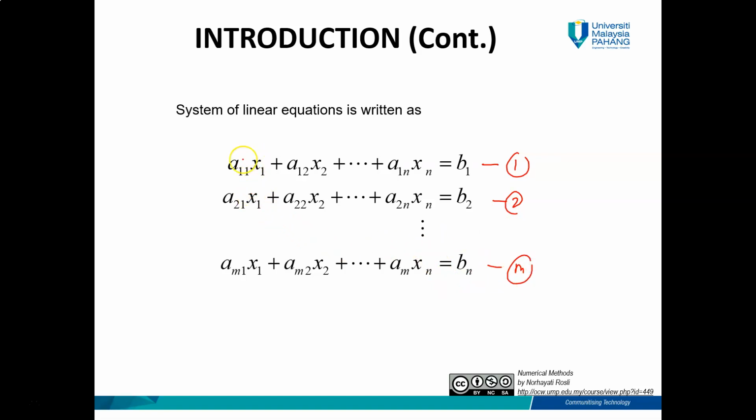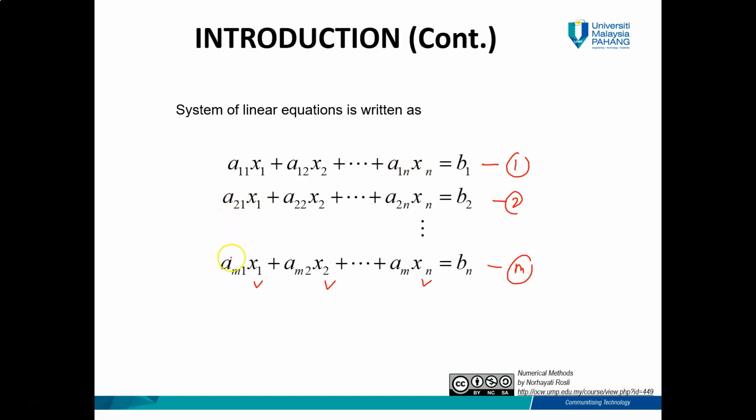And for all equations here, they share the same entities: all these equations have x1, x2, and xn. But each x has its own coefficient. For example, for the first equation, it has a11 as its coefficient for x1, a12 for x2, and for xn it has a1n as its coefficient.